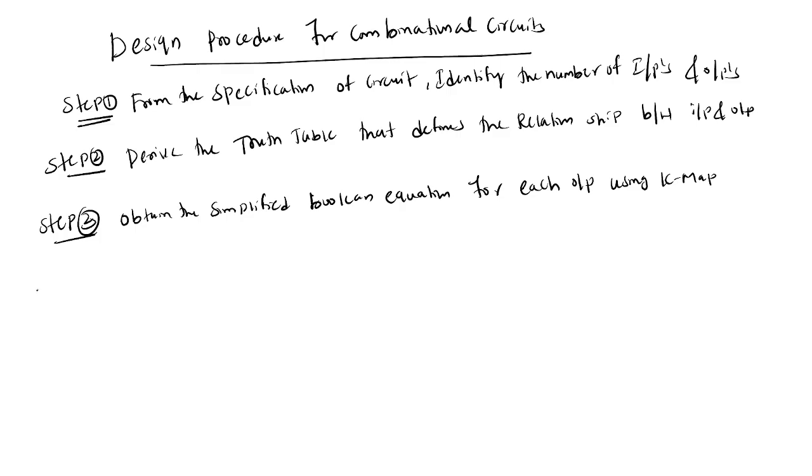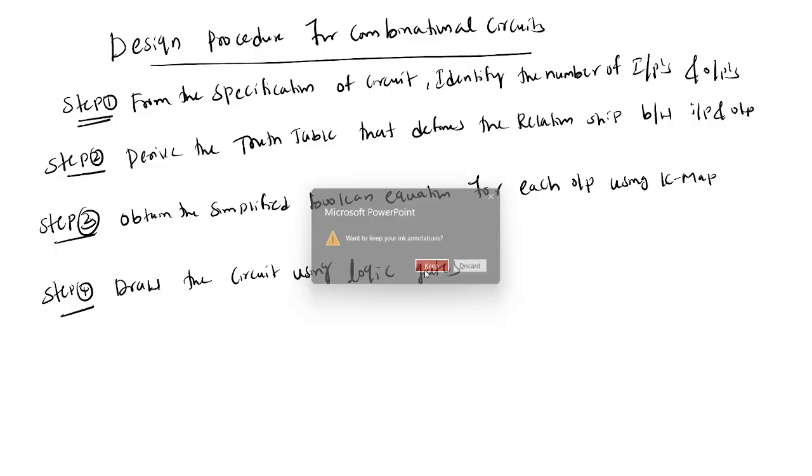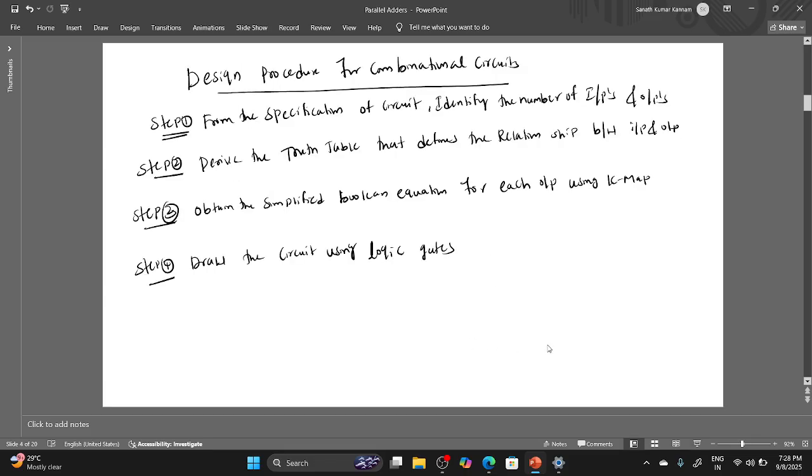Step 4: draw the circuit using logic gates. So this is the basic design procedure for combinational circuits.